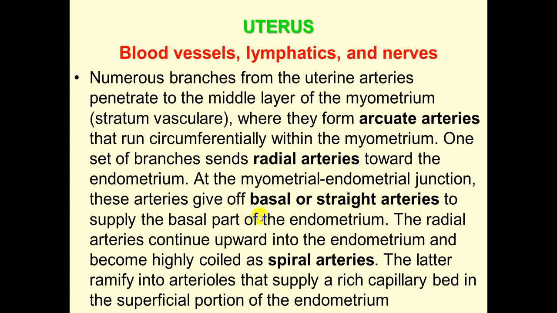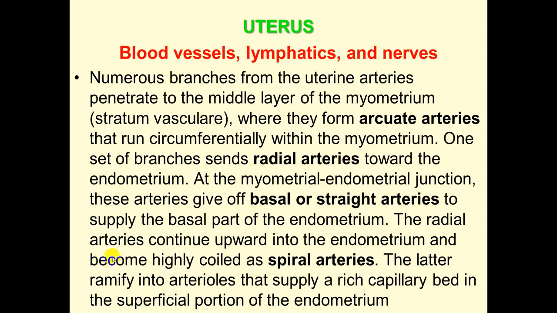The endometrium is subdivided into 2 parts, the deepest basal part and the upper part, the functional layer. The functional layer undergoes cyclic changes according to the varying hormones, but the basal part doesn't have any changes. That's why straight arteries, which supply the basal part of the endometrium, stay straight during all the periods of the sex cycle.